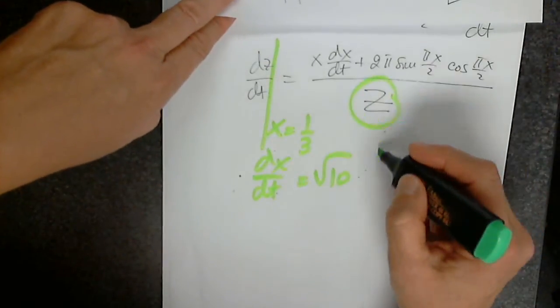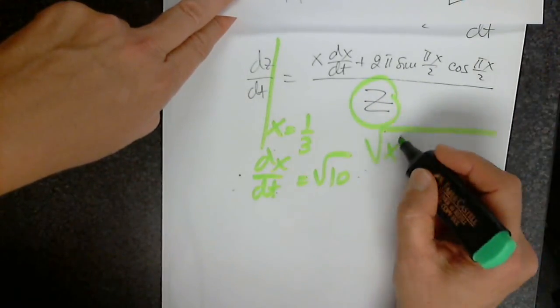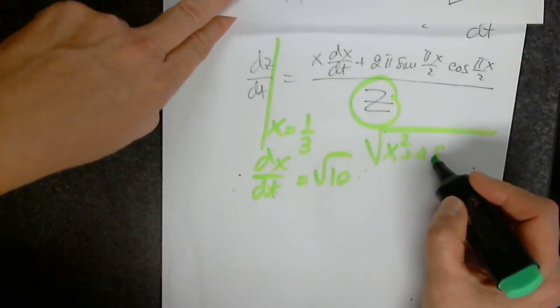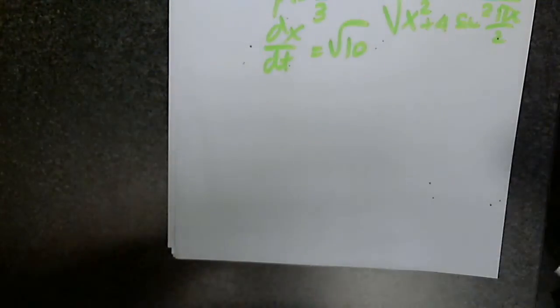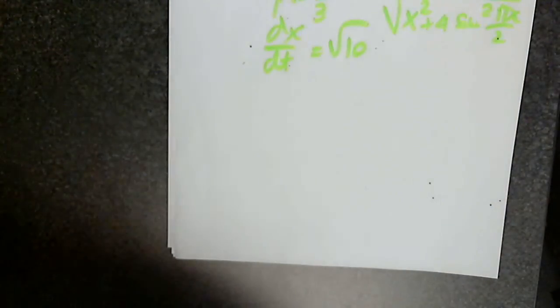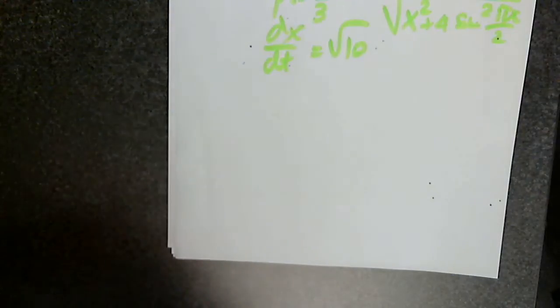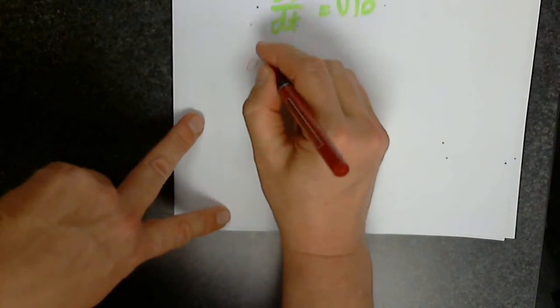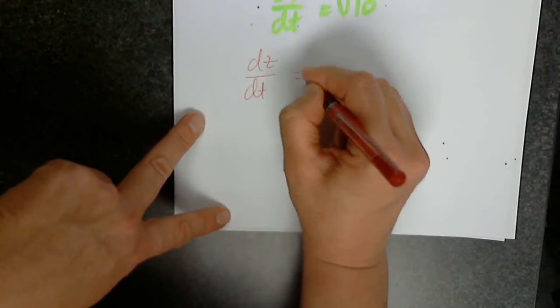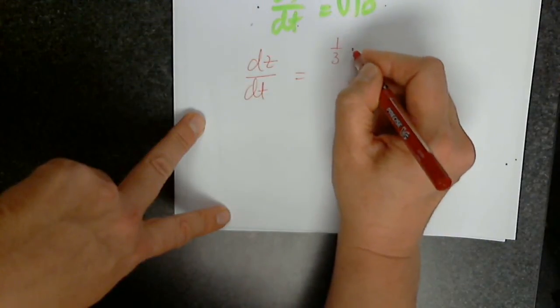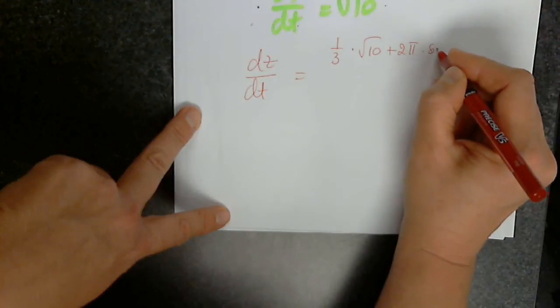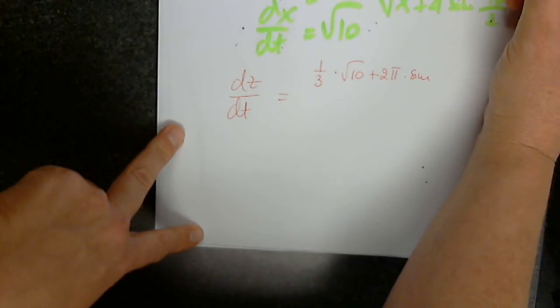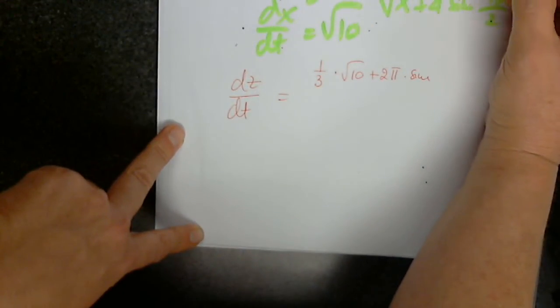So this is the square root of x squared plus 4 sine squared pi x over 2. A lot of numbers here. So dz over dt is 1/3 times the square root of 10 plus 2 pi sine, this is 1/3, so pi over 6.